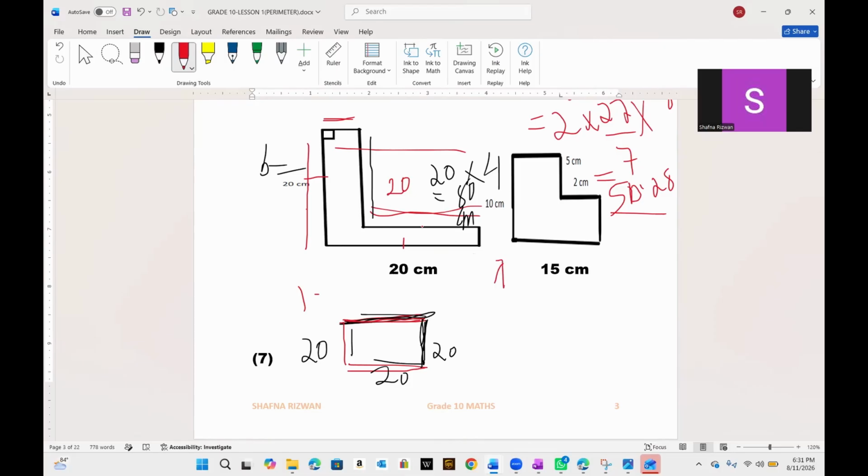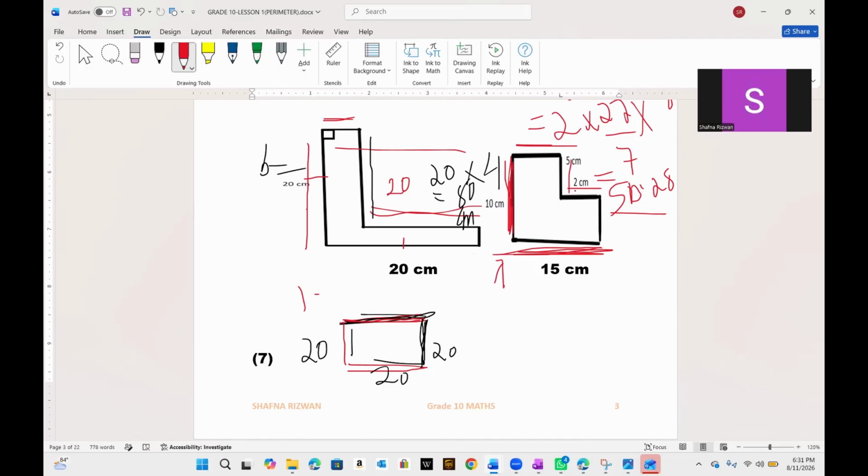In this question they have given you here, see here, this is 15. If this is 15, here also, just like the previous one, just that it's tall and short, this is 15 means this is also 15. Then what can you say about this part? Here if it is 10 centimeter, then what about here?